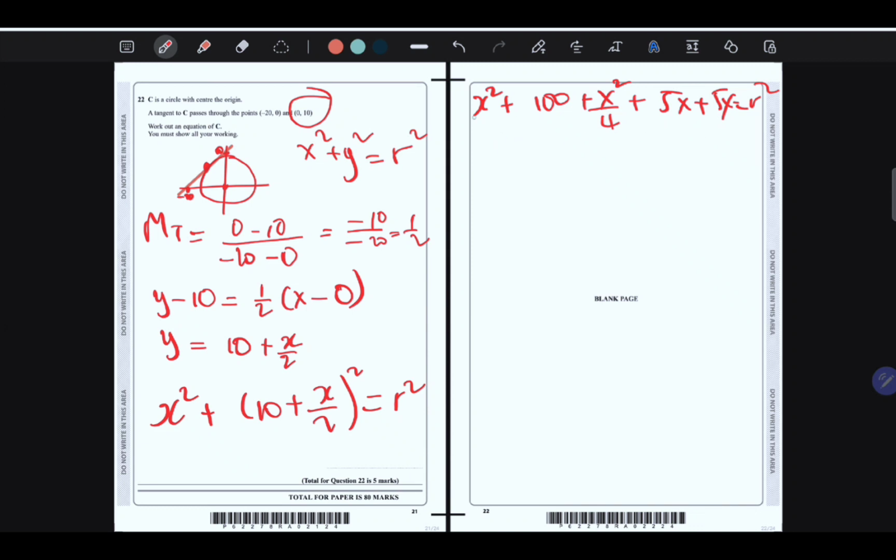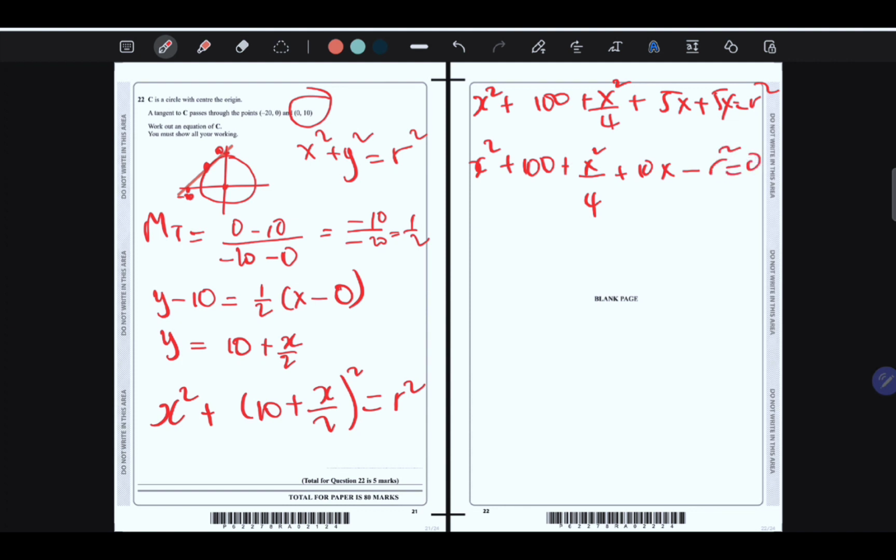So now this would be x squared plus 100 plus x squared over 4 plus 10x minus r squared equal to 0.